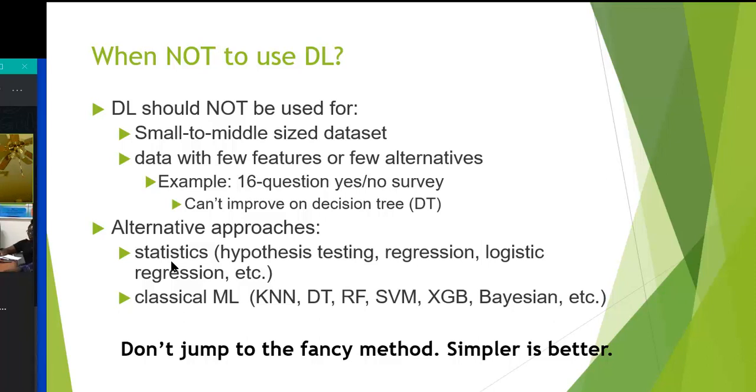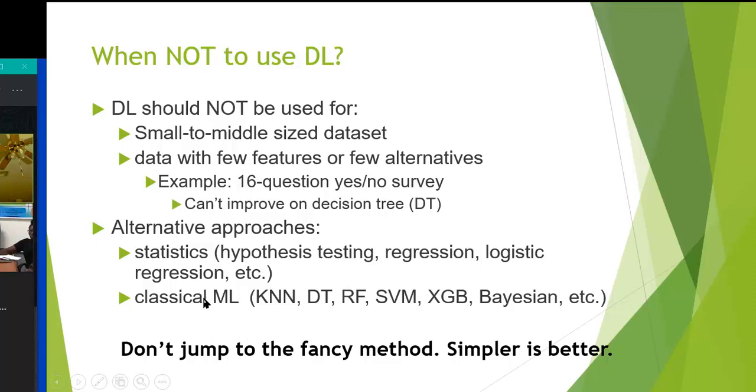Learn the classical techniques first. Learn the easy techniques first, like hypothesis testing, regression, logistic regression, partial regression. There are many classical techniques that can often be applied to analyze your data very well. Now, if statistics doesn't work, you can move on to classical machine learning.